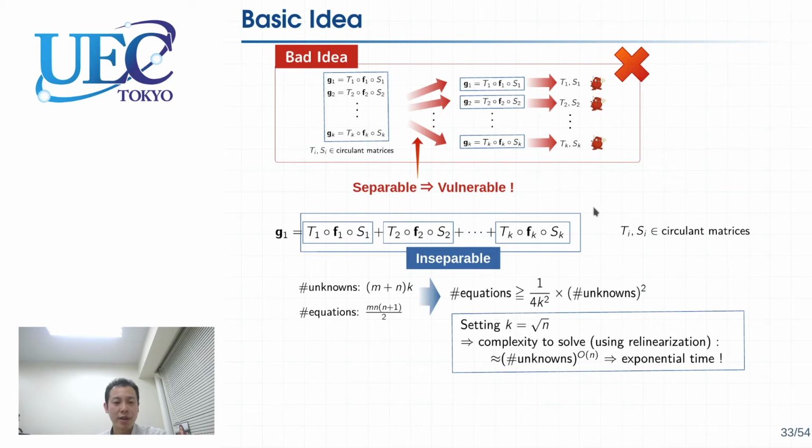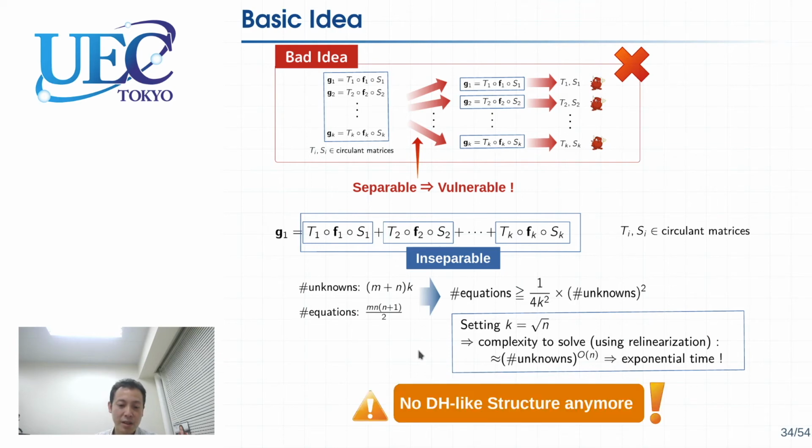First, having separable instances is a bad idea. So we make them inseparable. Instead of releasing them like this, we sum them all into one line, so that the problems become inseparable. Then we can make the complexity using relinearization exponential time. But we lose the DH-like structure.